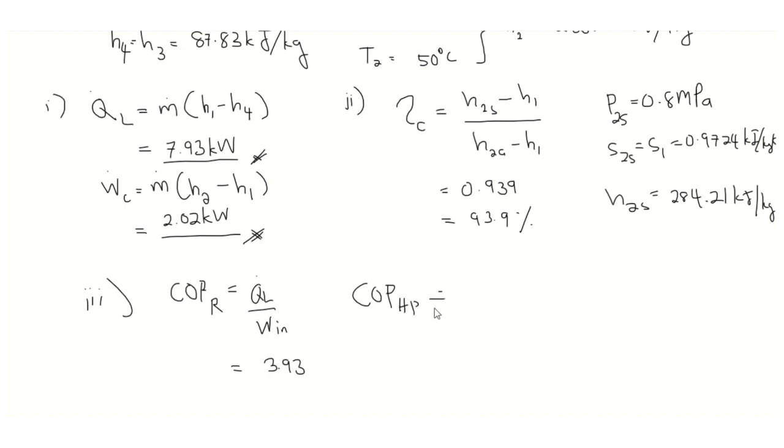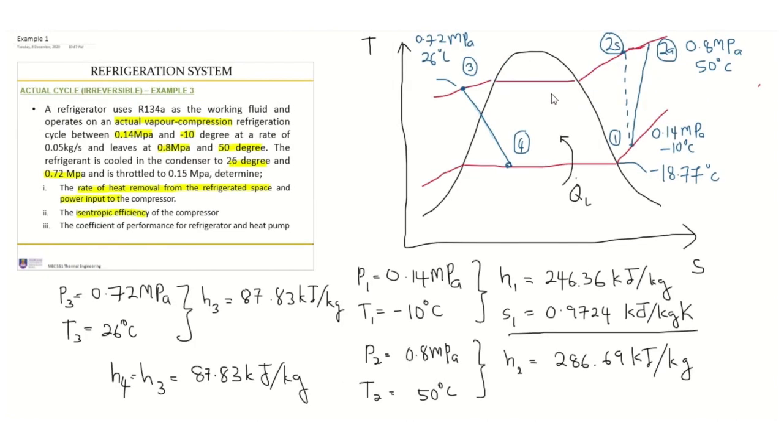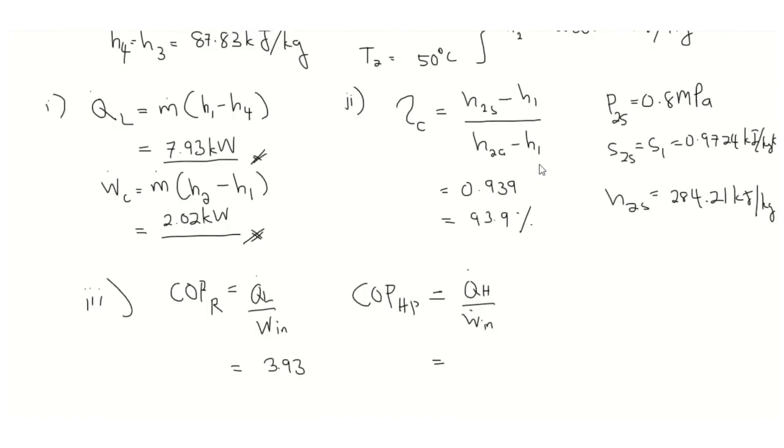Next is the COP of the heat pump. COP_HP is Q dot H divided by work dot in. Q dot H is this one, the heat transfer to the surroundings.